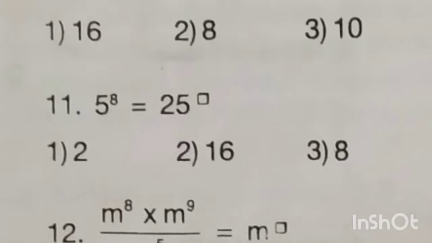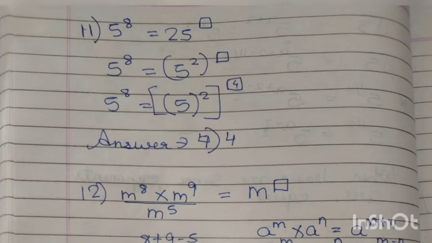Now the 11th question: 5 to the power 8 is 25 to the power box. So 25, you know, we can rewrite as 5 to the power 2. So 5 to the power 8 equal to 5 to the power 2 to the power what? Now we know by the power law that a to the power m to the whole power n means when there are two powers, you multiply those powers.